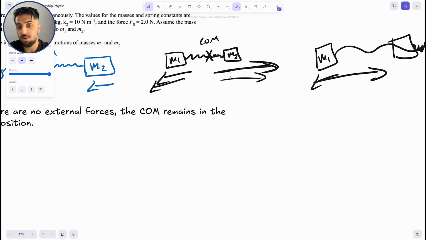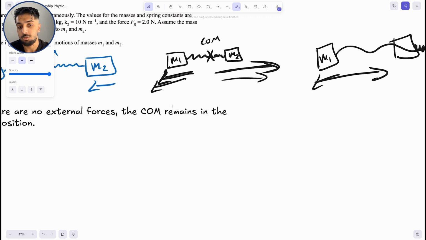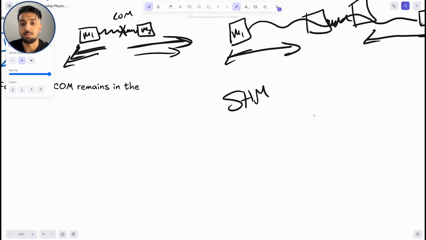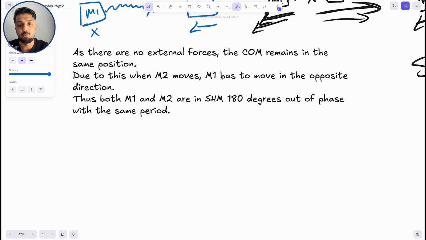And then they're going to move out again. So we have some simple harmonic motion coming in. The springs are coming in and out and oscillating like so. This is all because the center of mass must remain in the center. Due to this, when M2 moves, M1 has to move in the opposite direction. Thus, both M1 and M2 are in simple harmonic motion, 180 degrees out of phase, with the same period.